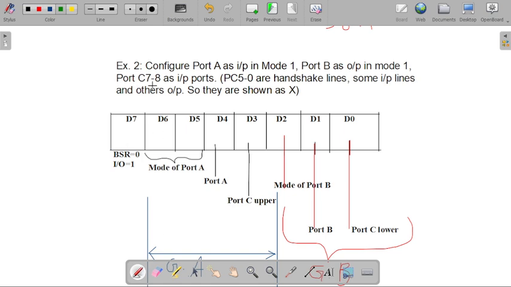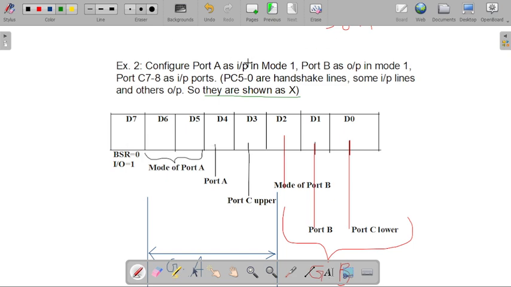In the second example, we have to configure port A as input in mode 1, port B as output in mode 1, port C7 to 8 as the input port, and PC5 to 0 are the handshake lines, and some input lines will be there and others are the output lines. So this can be shown with the help of the don't care condition.